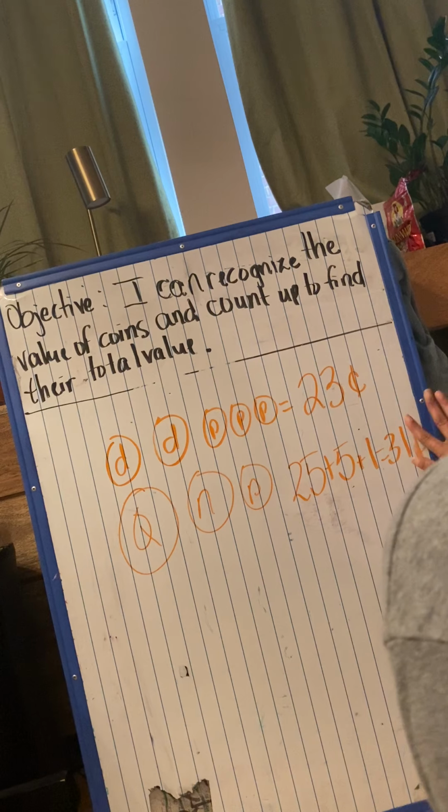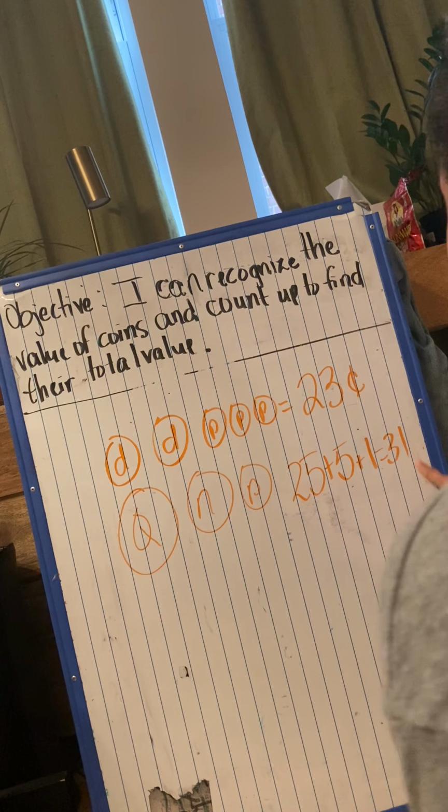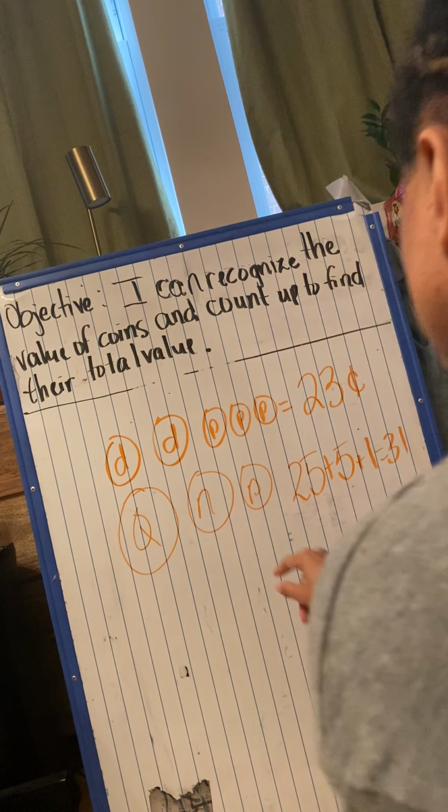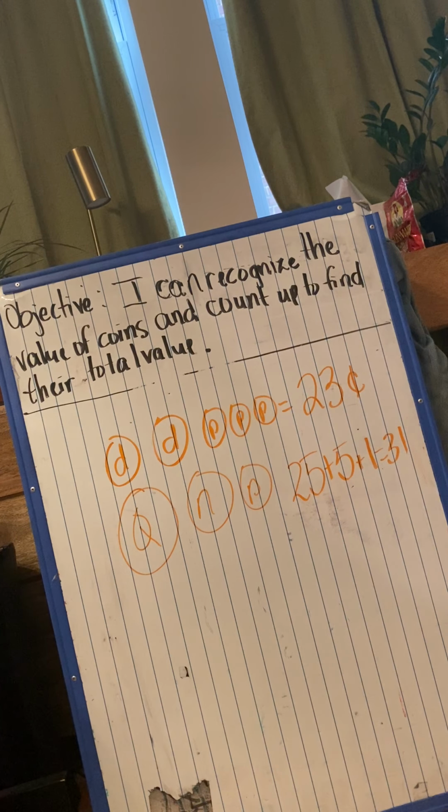Or in this case, just the number sentence would be 31, but this would be 31 cents. It's so much easier to add 5 to 25 than add 6 to 25. So when finding the total value of coins, I generally start counting with the coin that has the largest value.